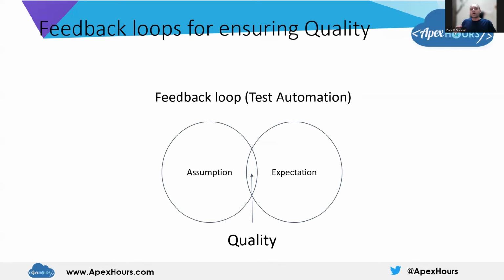Now, how to automate these checks over time is where automation and these feedback loops come into the picture. As we saw earlier, the overlap of assumption and expectation as part of software delivery is where real quality lies. And we can implement some feedback loops from the expectation back to the assumption.